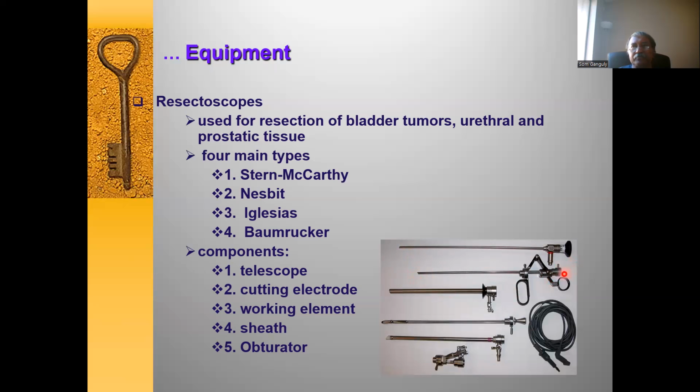So you will have the telescope through this sleeve, an electrode through this sleeve, and this cautery cord will be hooked up to the side of the electrode here, plug. And the plug end will go to the bovie.